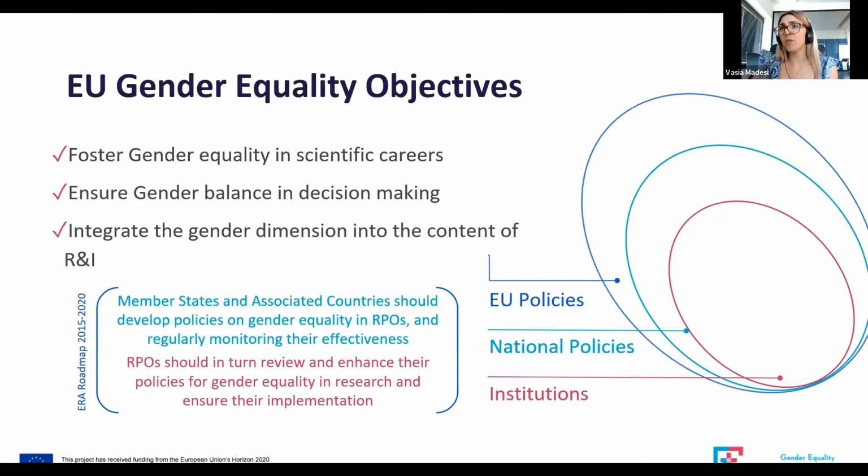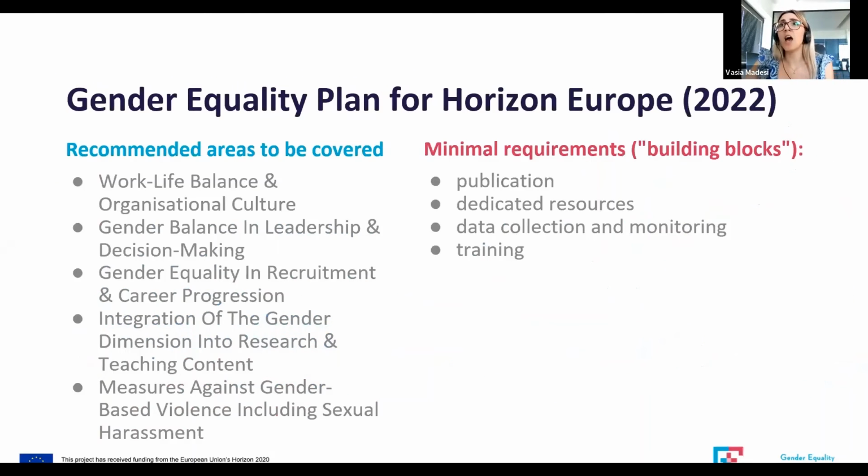And moving forward, in a very recent development that you might have heard of, a gender equality plan for Horizon Europe is actually a precondition in a way. And the recommended areas to be covered that are suggested here are listed in the slide you can see.